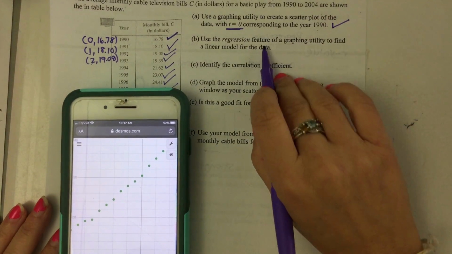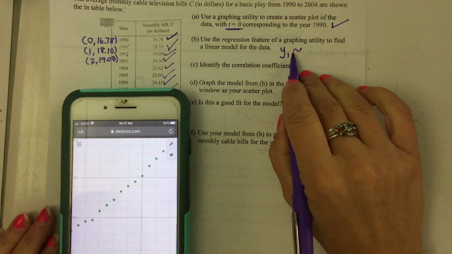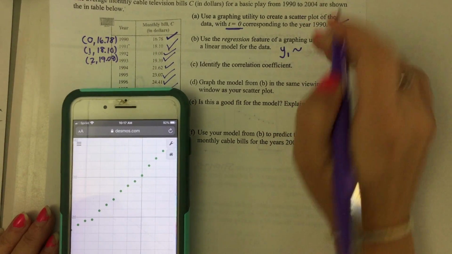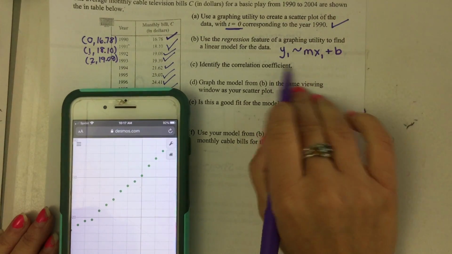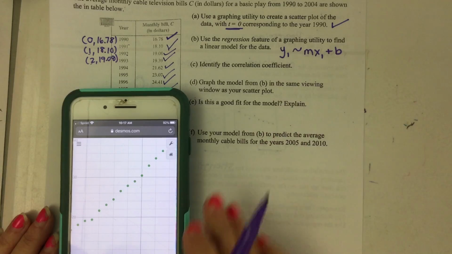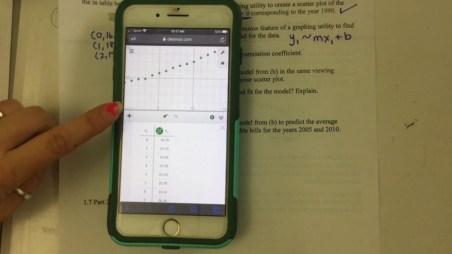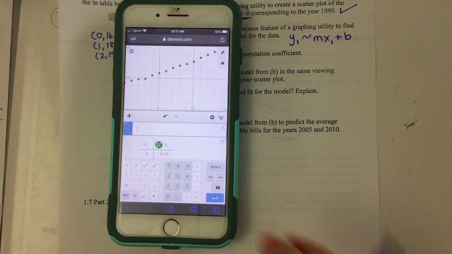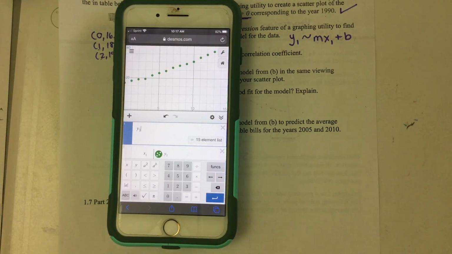Check. Use the regression feature, so that's where Y sub 1 is approximately MX sub 1 plus B, because what we're doing is Y equals MX plus B, but we're doing the regression equation. To do that, where it's a plus sign, we want an expression. It's Y, to get the little sub 1, you just hit 1.